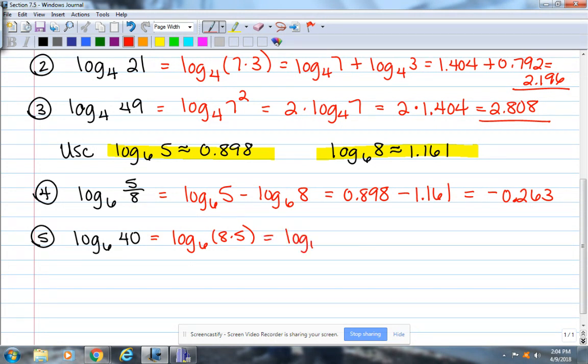So log base 6 of 8 plus log base 6 of 5, which means I say 1.161 plus 0.898.